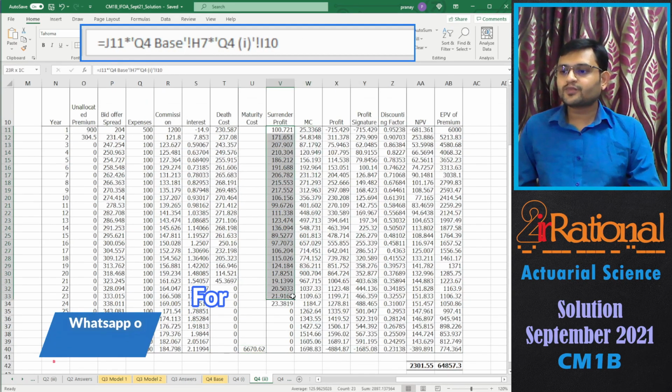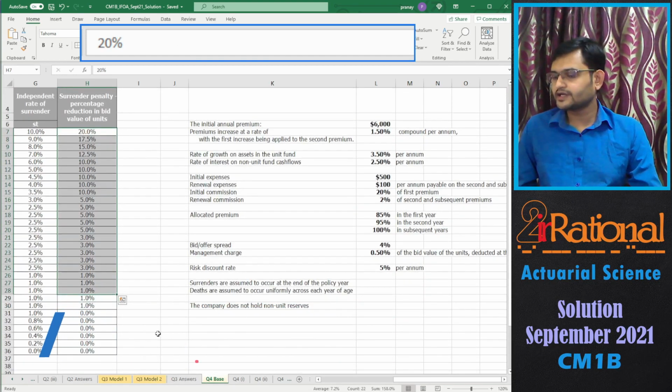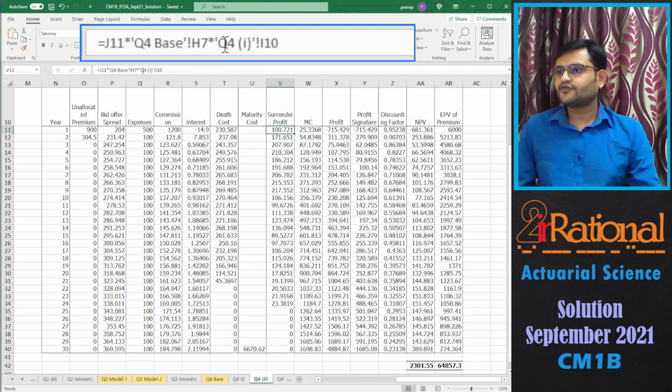For our surrender profit, our surrender penalty is again given in our base table here. You can see these are all our surrender penalty. We have already calculated the probability. Surrender penalty will be of our bid value. So for surrender profit, we'll say J11, that would be nothing but the probability of surrender multiplied by the base value, that is the surrender penalty value, multiplied by the bid value.